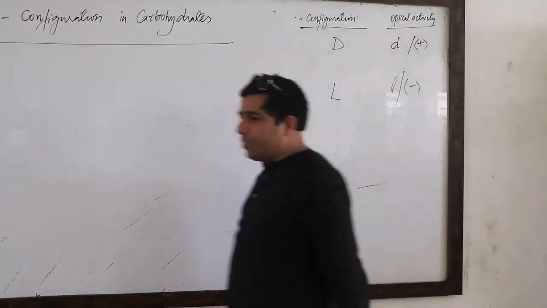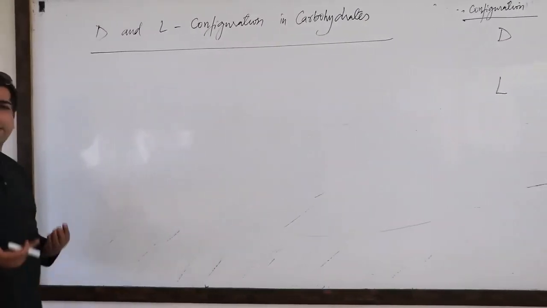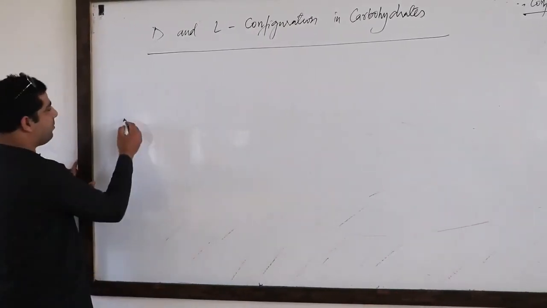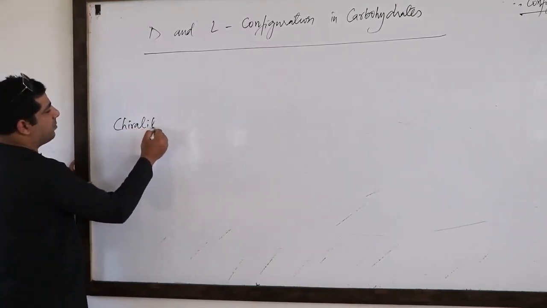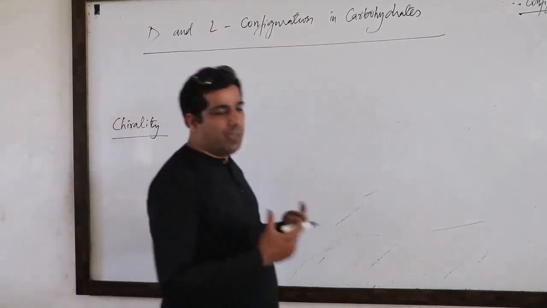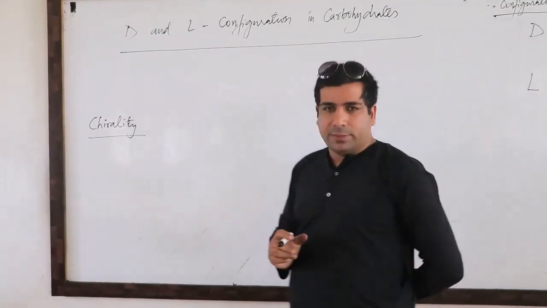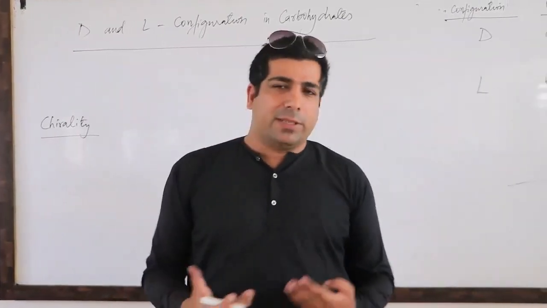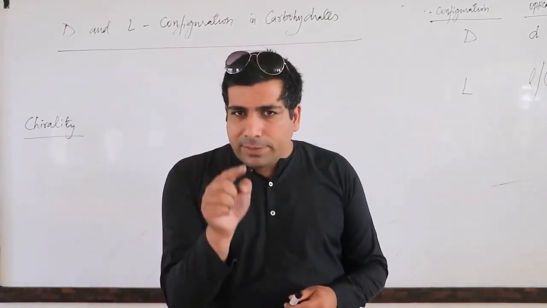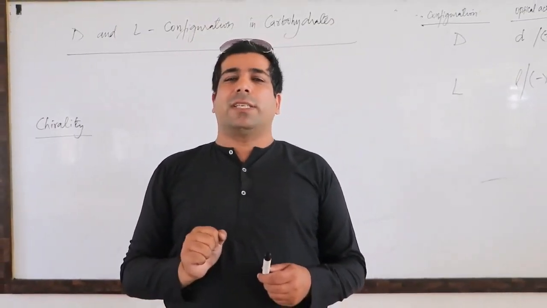Now my dear friends, my topic is here D and L configuration. But before understanding D and L configuration, let us understand a term called chirality. So what is this chirality all about? We will have a look. First of all, I will tell you, if a carbon atom, mostly because in carbohydrates we will be dealing with the carbon atom, if a particular atom is surrounded by 4 different groups, okay, we call it a chiral center.